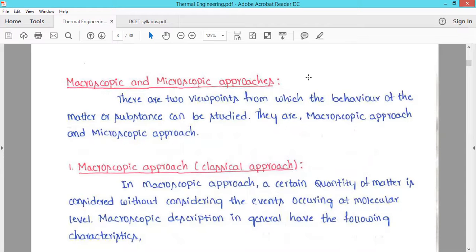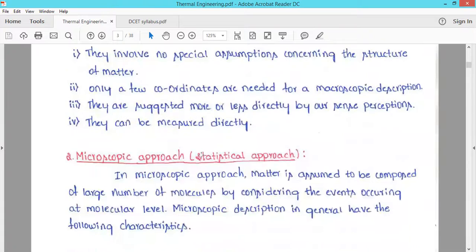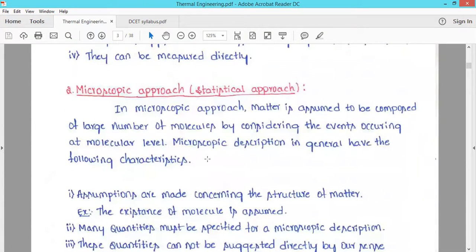When it comes to the microscopic approach, we are going to consider all the particles involved in that substance. Here the matter is assumed to be composed of a large number of molecules, considering all the events occurring at the molecular level. If you are interested to find the velocity of all the particles present in a gas, then we are going to determine the velocity in x direction, y direction, and z direction, times the number of molecules.